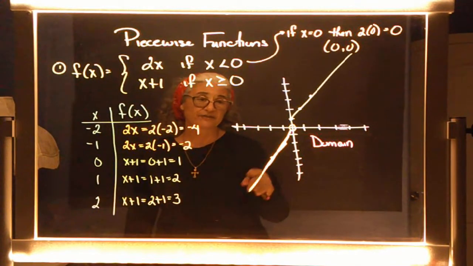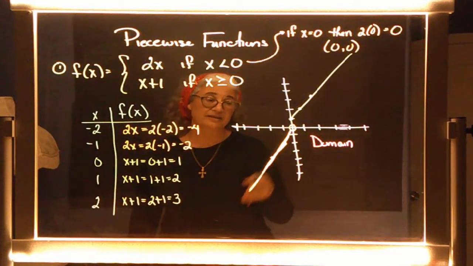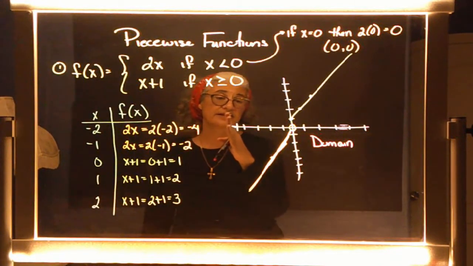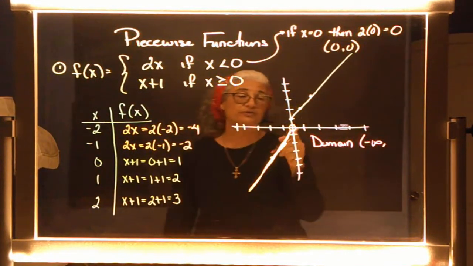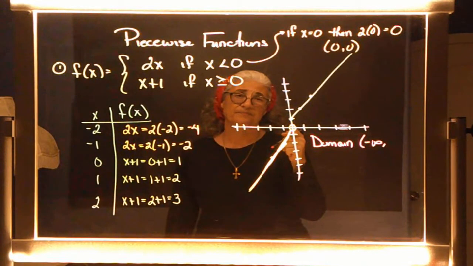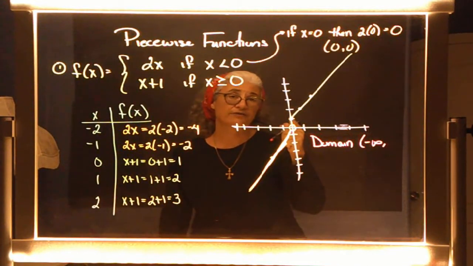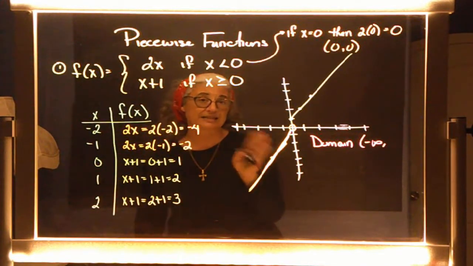So this graph is using all these negative numbers, isn't it? Yes, this part of the graph is using all these negative numbers from negative infinity all the way to 0. But it doesn't use the 0, does it? But this part of the graph uses x equaling 0, so it didn't skip a beat. In terms of the x's I'm using, it didn't skip a beat.